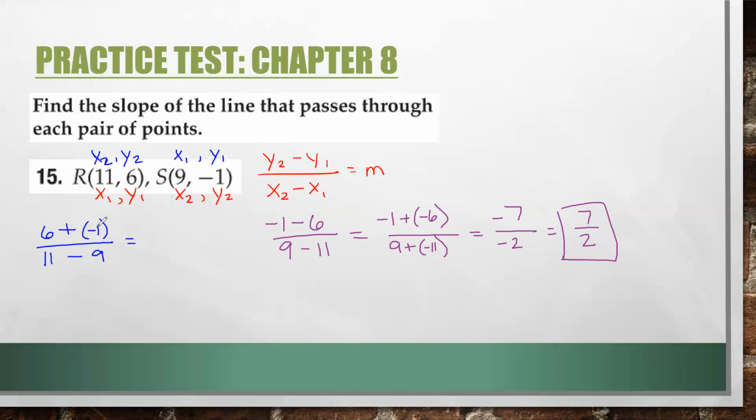Here we would add the opposite. So this becomes 6 plus 1, which is 7, and 11 minus 9, which is 2. So notice, it doesn't matter which ordered pair we use as the first point or the second point, you're still going to get the same answer. Okay, as long as everything is labeled correctly, you're not mixing things up.